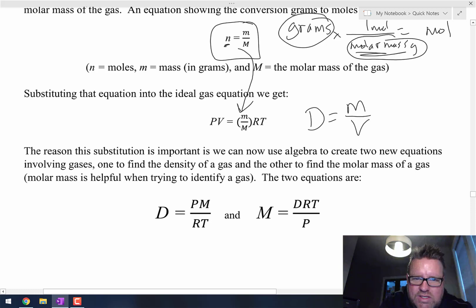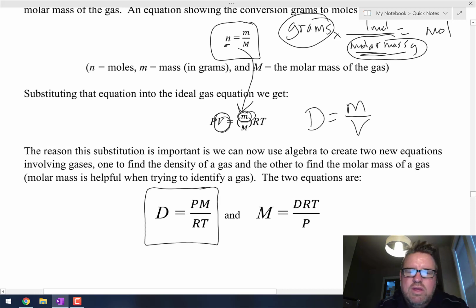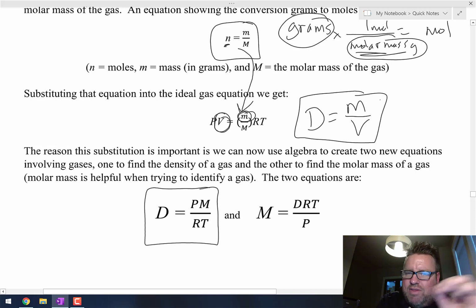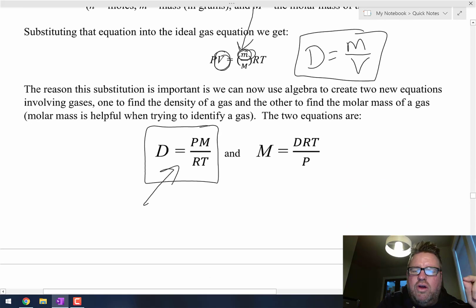Okay, so if we see this mass right here and this volume here, if we set this equation to have mass over volume on one side, the equation becomes this. Okay, and so one way to find the density of something is to take the mass and divide by the volume.